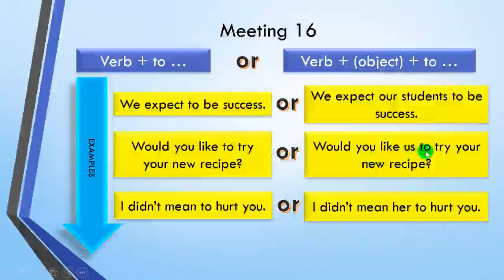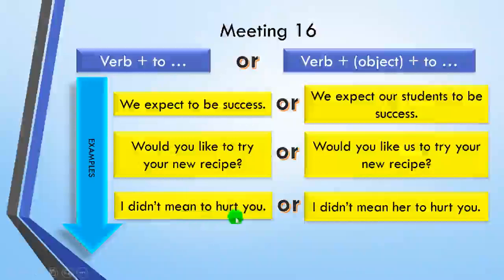But when we add the object, would you like us to try your new recipe? It becomes different then. It becomes you ask us, as the objects, to try your new recipe.